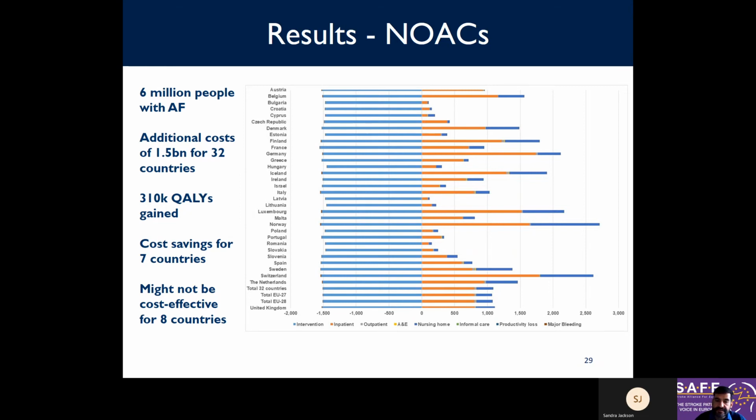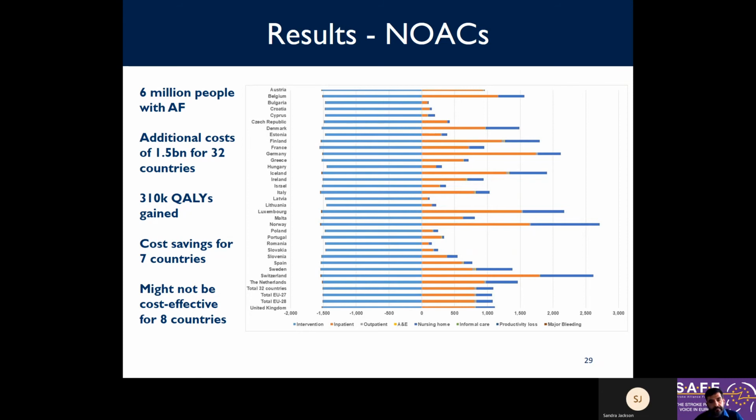However, for most countries, these savings are not outweighed by the cost of providing these medications, which is quite substantial. So NOACs would only be cost saving for 7 European countries.